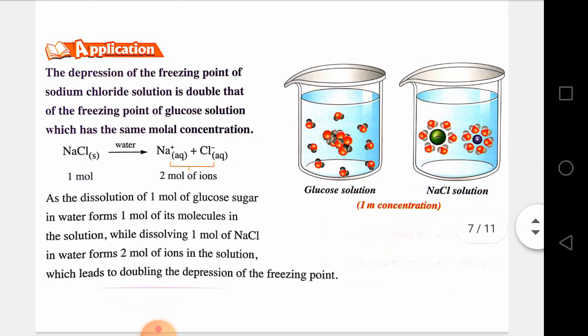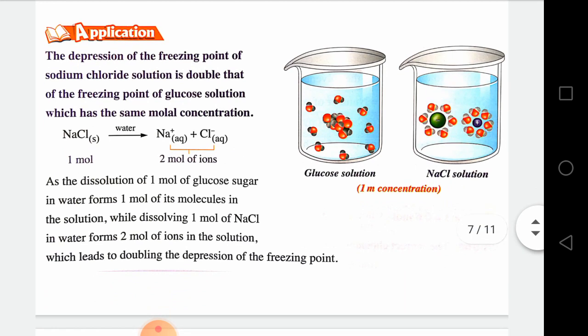Here is an application which illustrates that the number of molecules, or the number of moles, of solute will affect the colligative properties, not the type of these molecules or particles. Here we have two solutions. The first one is a glucose solution. The second one is a sodium chloride, or salt, solution.